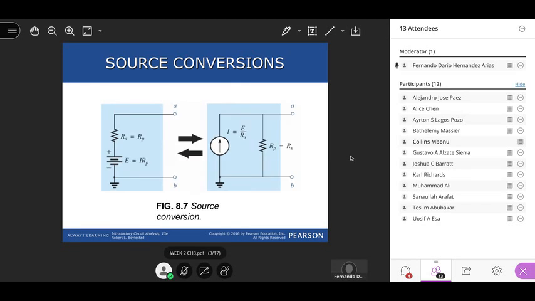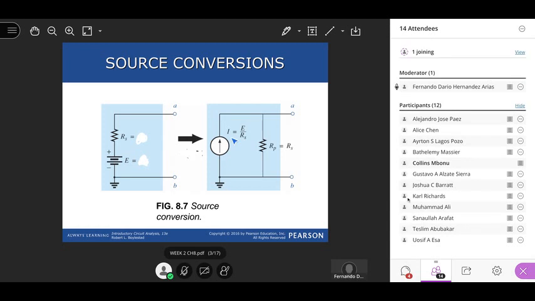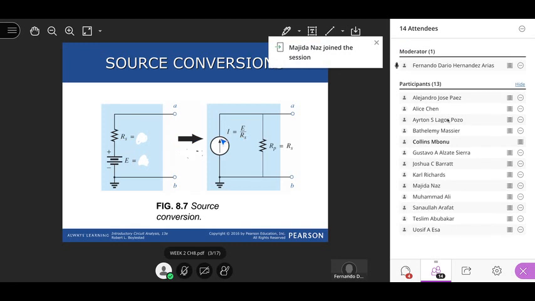For example, if we convert from a voltage source into a current source, we just use Ohm's law to calculate the current, which is I equal to E over RS, and the current will point in the direction of the positive sign here.